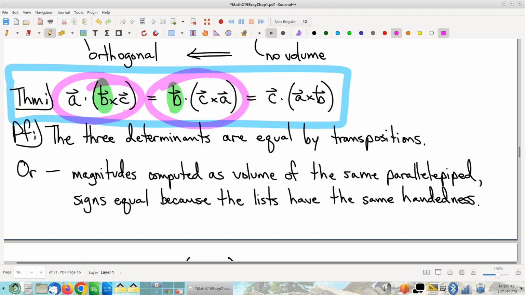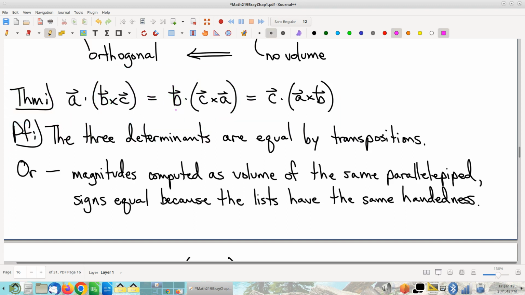So, neat fact, though, another way to say this is that triple products are preserved by cycling. So remember the idea, if you have a vector on the left, and you move it over to the right, so what had been in the first position now shows up in the third position. When you cycle a list, the triple product is preserved.